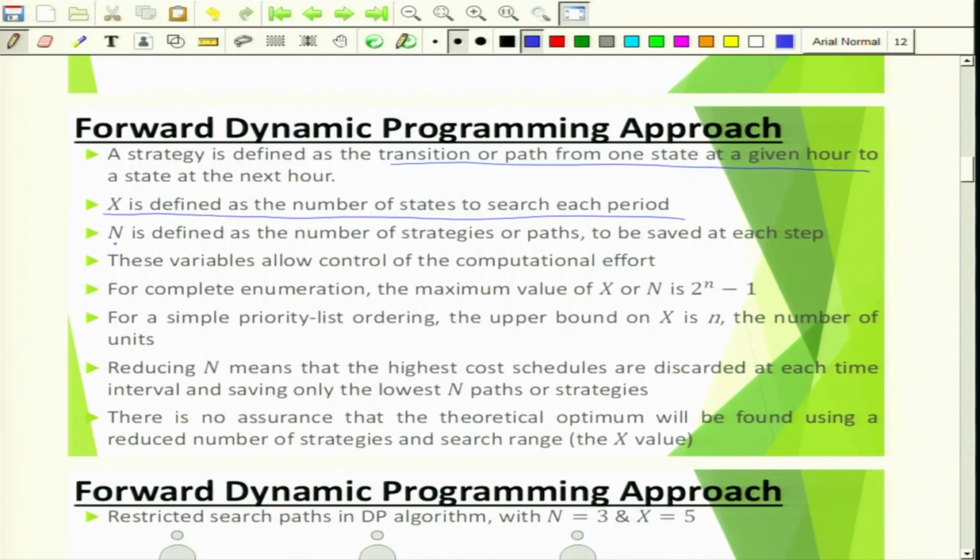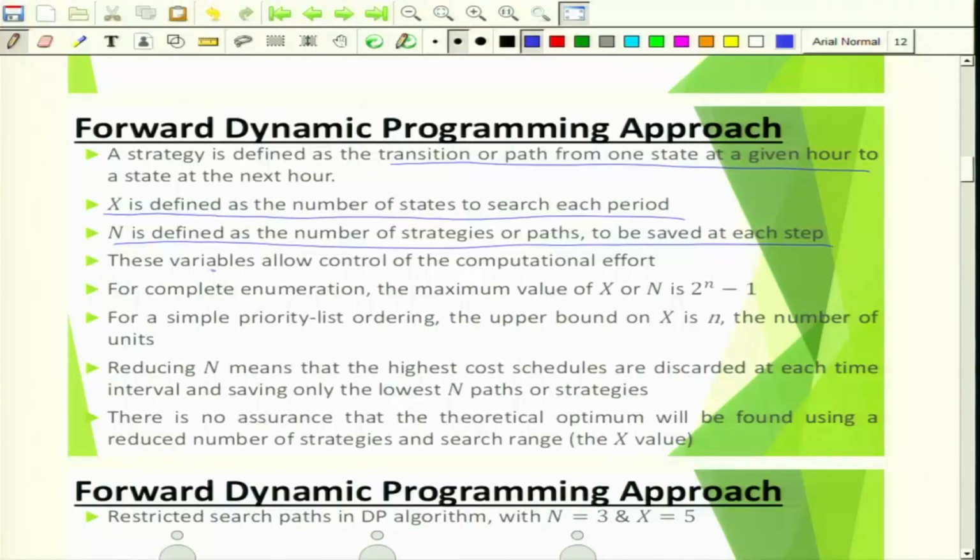And N is defined as the number of strategies or paths to be saved at each step. Among all those feasible states, which are X, what are those number of strategies that you want to save at each step? That means, based on economical reasons, the most cost effective states that you save to move forward.